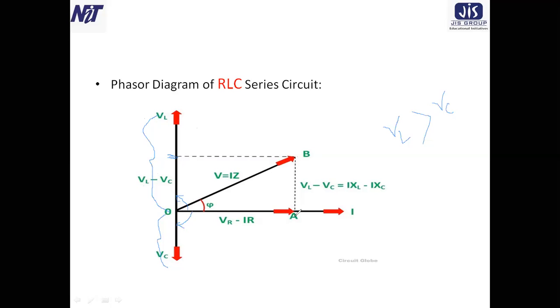Now draw AB parallel with OVL, and this OVL is VL minus VC, this part. And if we consider this point is suppose W, then we have to draw BW parallel with AO.